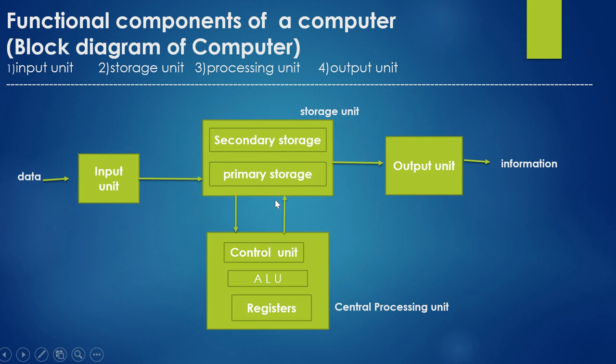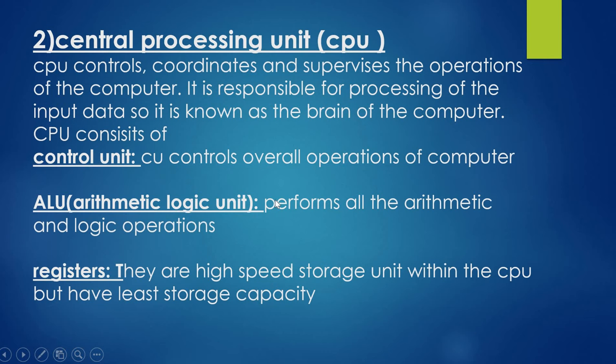Then next one, the central processing unit, that is CPU. CPU is the brain of the computer, because the CPU does all the operations, or the CPU controls, coordinates and supervises the operations of the computer, and the CPU processes the data.